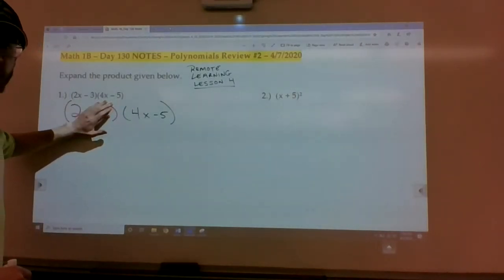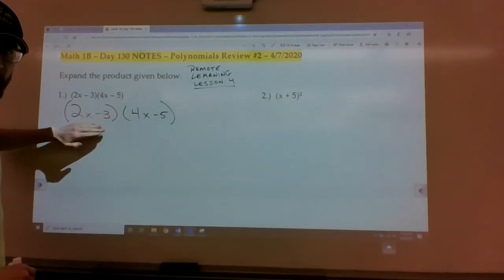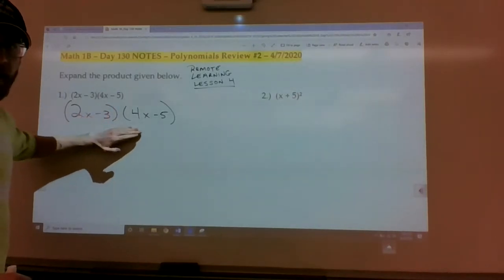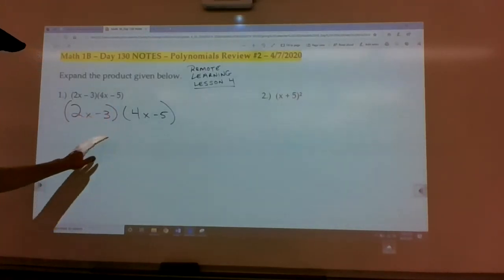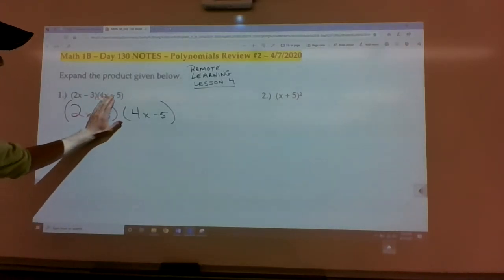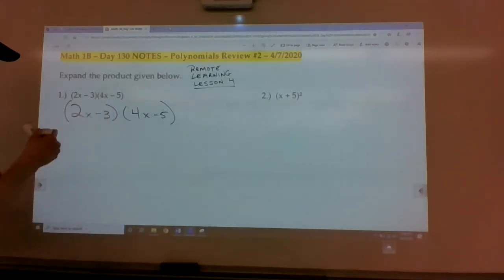Now what you can do is take this binomial times a binomial and split it up into what would happen if we took the red 2x times the 4x minus 5. Just the red 2x times 4x minus 5.